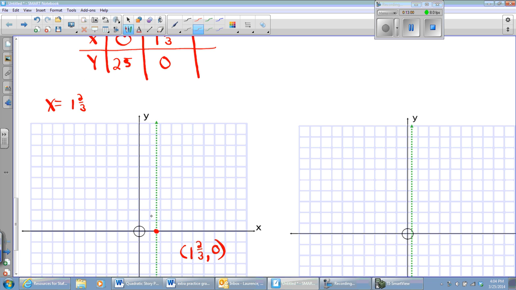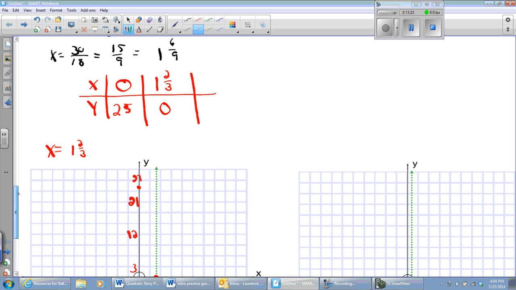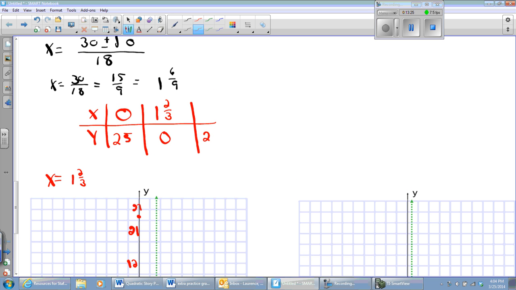So I guess maybe I'll count by 3: 3, 6, 9, 12, 15, 18, 21, 24, 27. So 25 would be right about here, about 1/3 of the way up. Now what other number is going to give me 25 out? Well, 1 2/3 plus 1 2/3.